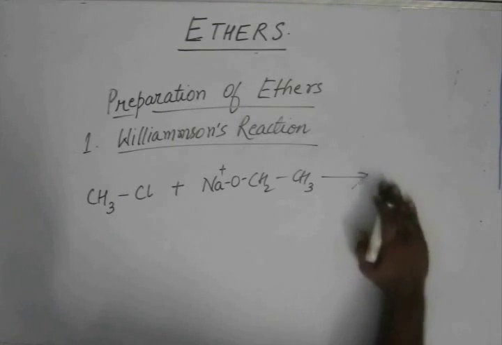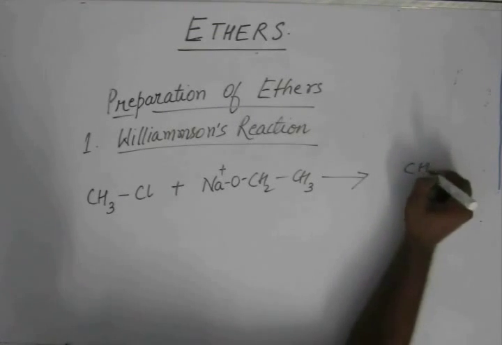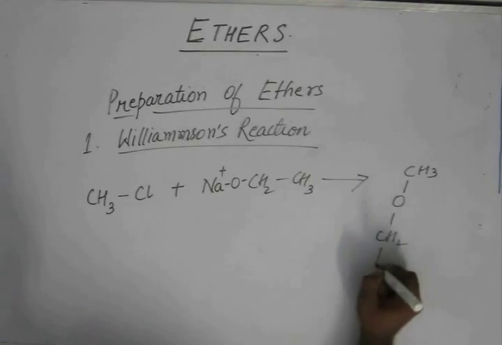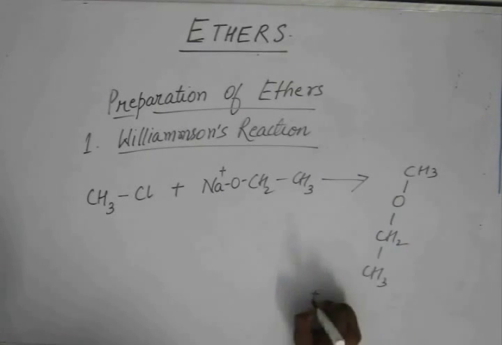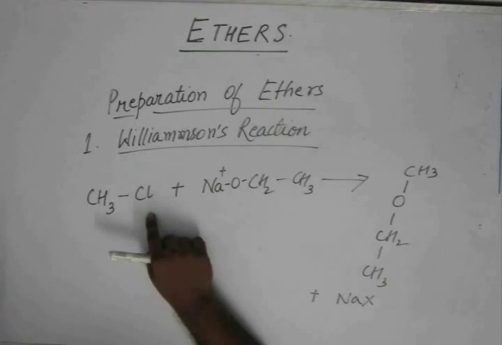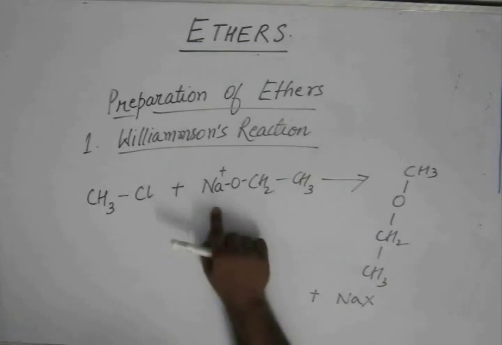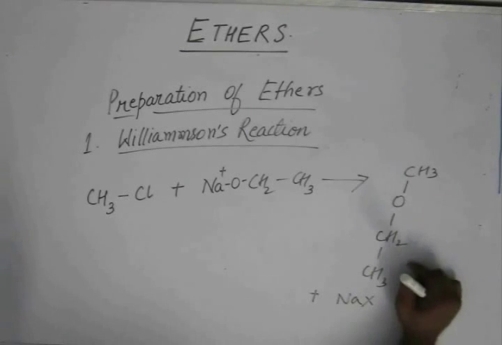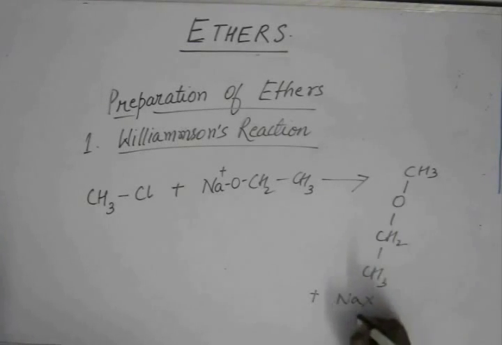So we get CH3OCH2CH3 plus NaX. So when methyl chloride reacts with the sodium salt of ethyl alcohol, we get methyl ethyl ether and NaX, or NaCl to be more specific.